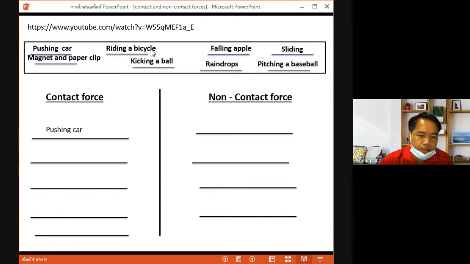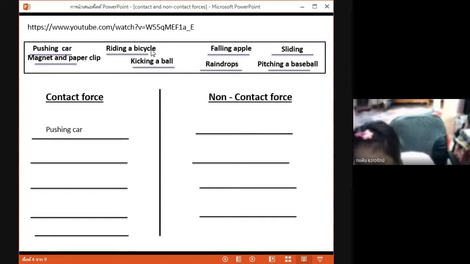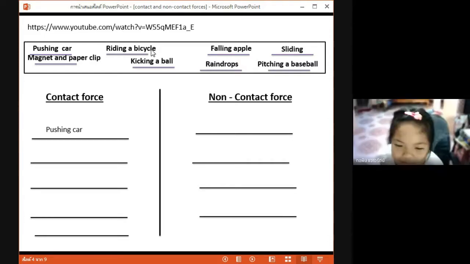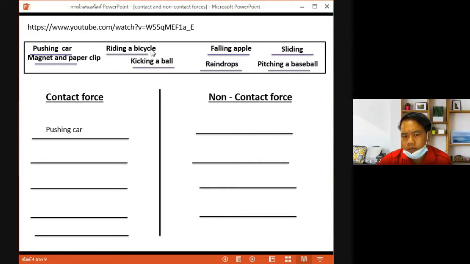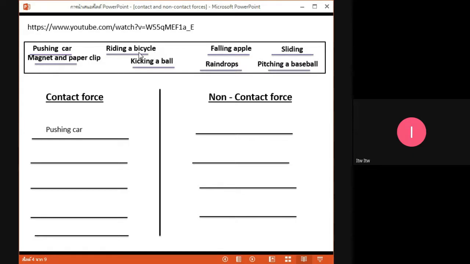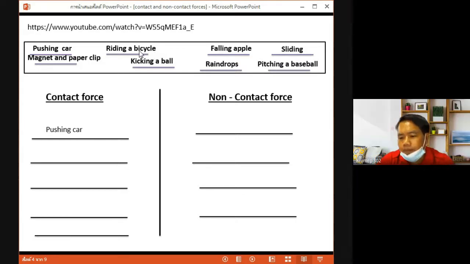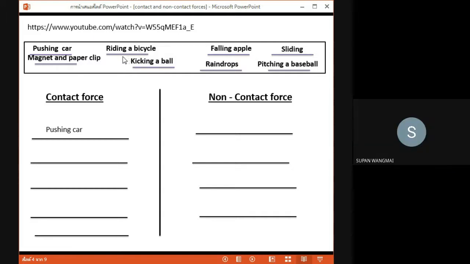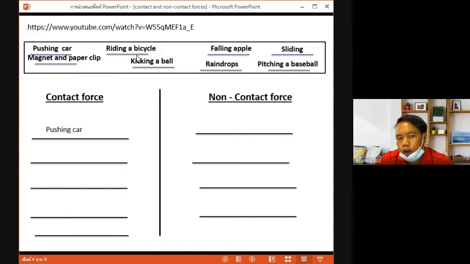Who is that? Body. Repeat. Body. Body is wrong. Non-contact force is wrong. Who wants to answer? Plus 5.